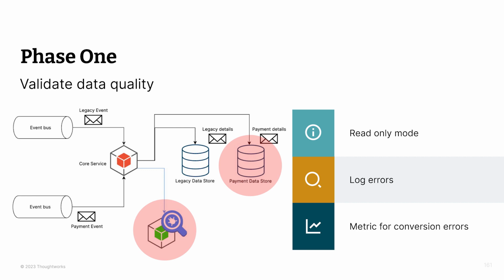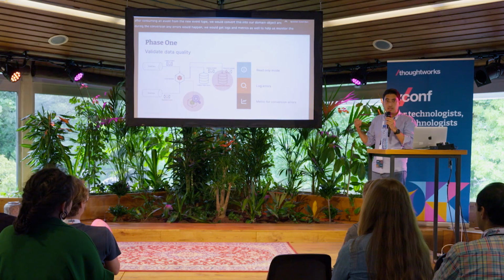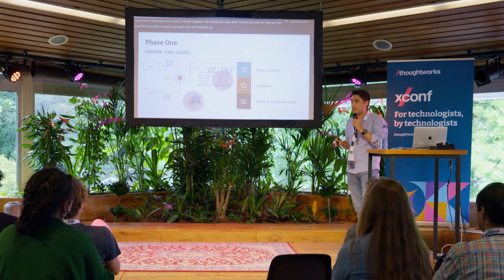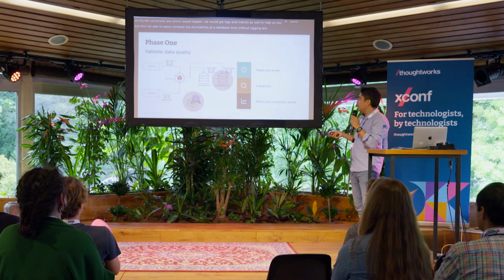After consuming an event from the new event type, we would convert it into our domain object and store it. If any error happened during the conversion, we would print some logs and metrics as well to help us monitor the situation, and then we would be able to easily compare these mismatches at the database level, right? Without, of course, logging any sensitive information in the log stream.